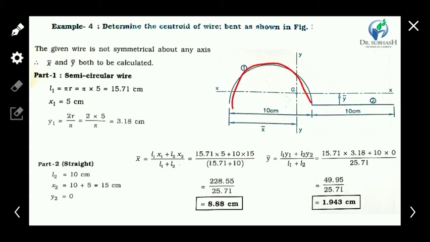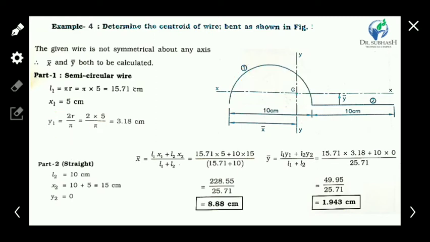Now the first element is the arc. The length of the arc is pi r, where r is 5 centimeter, so the length is 15.71 centimeter. Now the CG of this arc from the base is at a vertical distance of 2r upon pi.